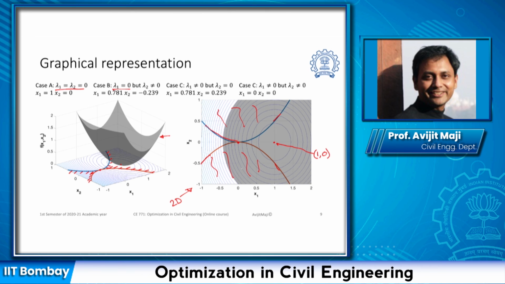Now suppose this constraint 1 was not there, and I have only one constraint, my solution can lie within this region.